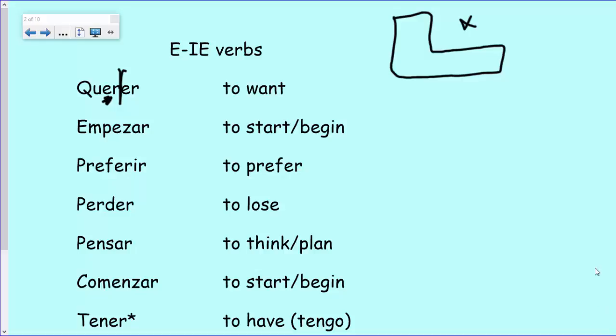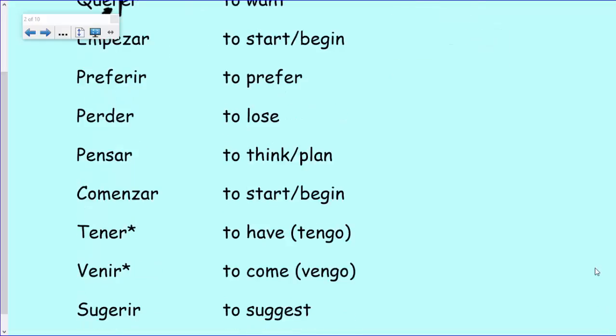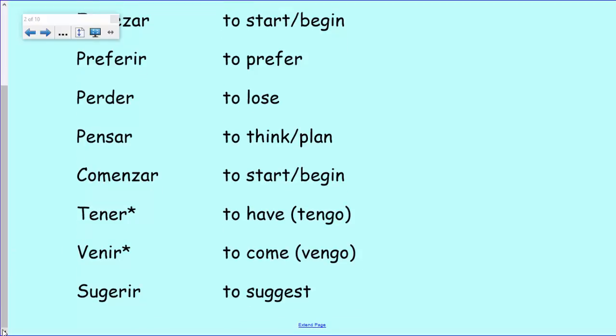So there are all of your E to IE verb meanings. Also keep in mind that once you cut off the ending, if you see a verb like preferir that has 2 E's, it's always going to be the second E that changes.